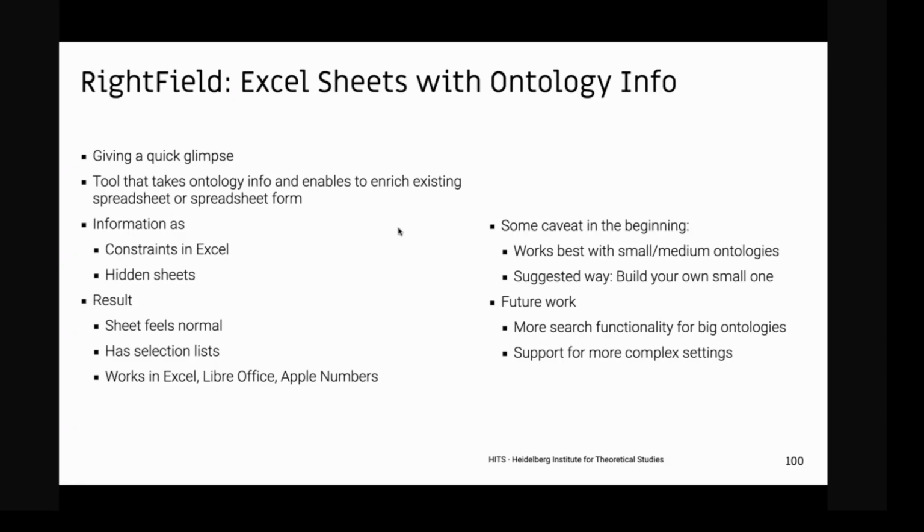What's really nice is that you keep the ontology information and the Excel together. It's not that you load the Excel into a web tool and there it stays and then you enrich it; they are really both together and can be used together.